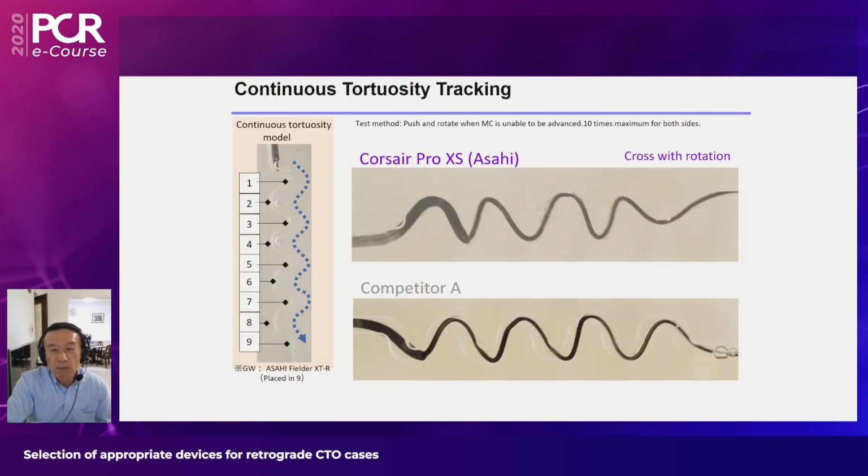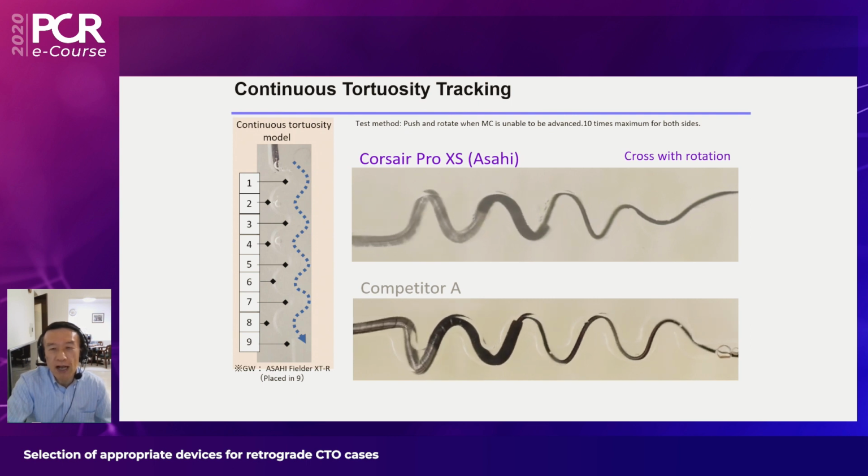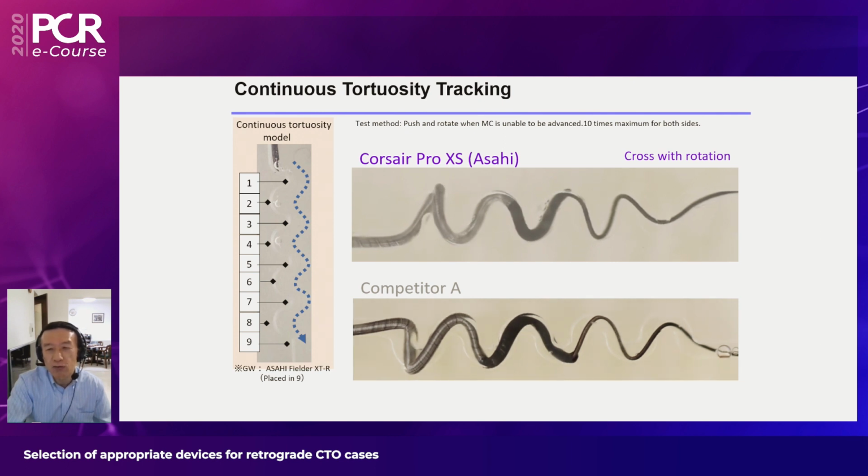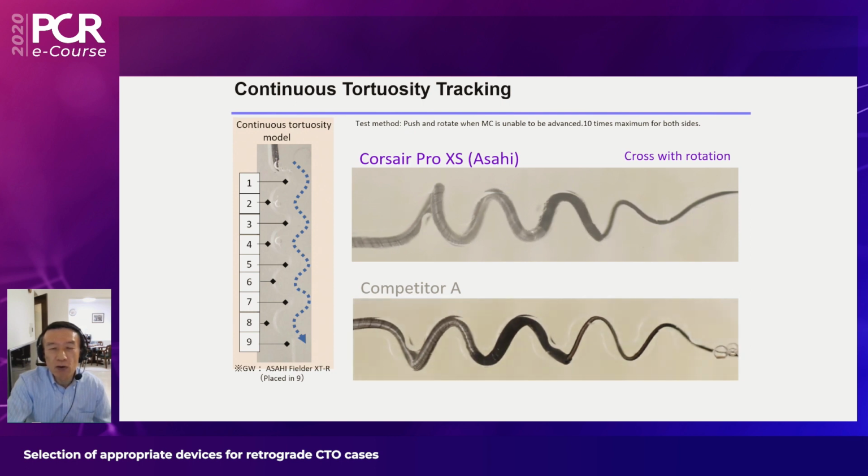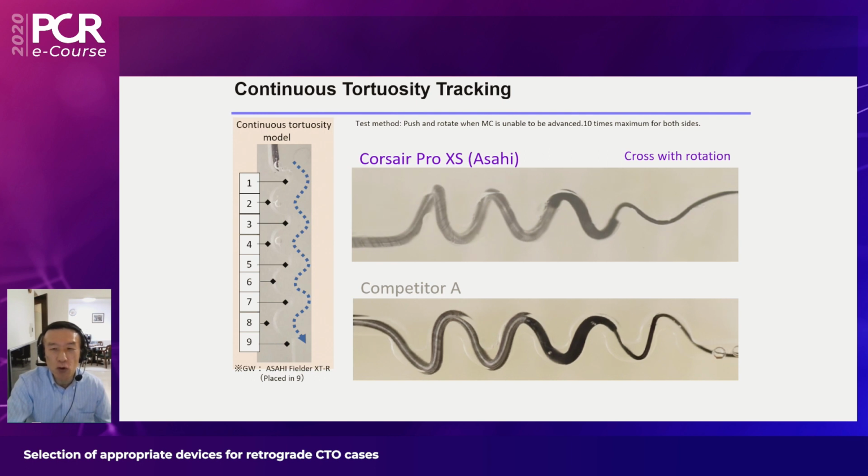And even if we compare some other competitor microcatheters in the tortuosities, as Dr. Mashayekhi described, in a very tortuous telephone cord structure like epicardial collaterals, Corsair Pro XS can track very well to the distal end. But the way it behaves is something to notice: the response is a little bit slower than you anticipated with the other microcatheters, such as the Corsair Pro or the Turnpike LP.